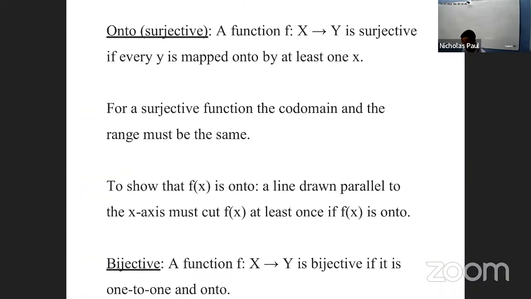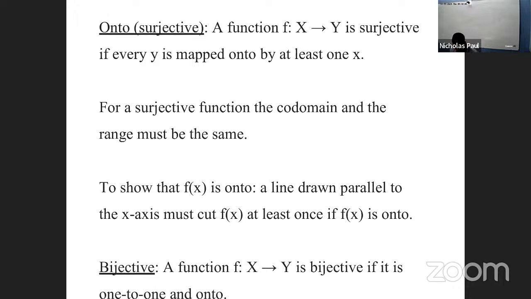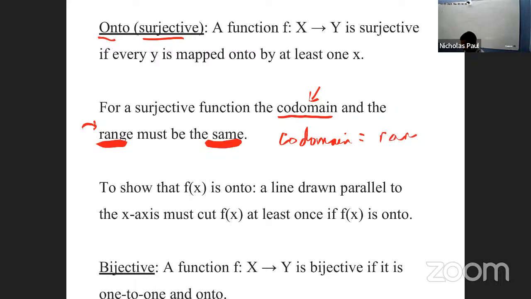Onto means surjective. Make a note that onto or surjective implies that the codomain of the function is equal to the range of the function. Right, codomain equal to range.